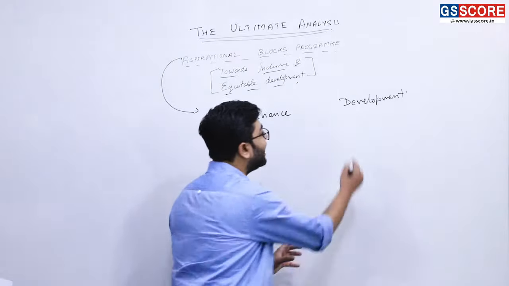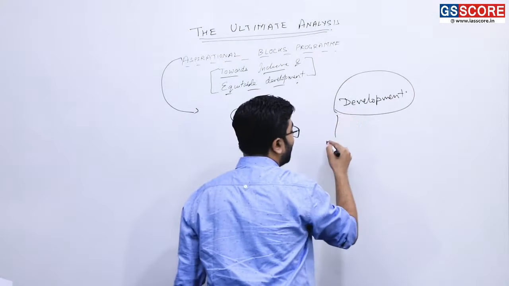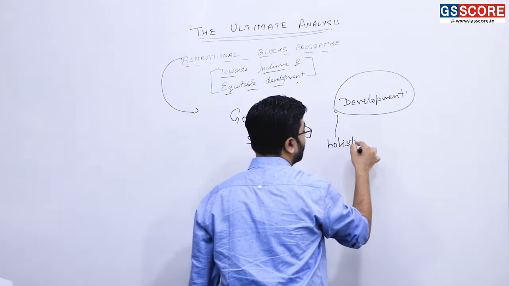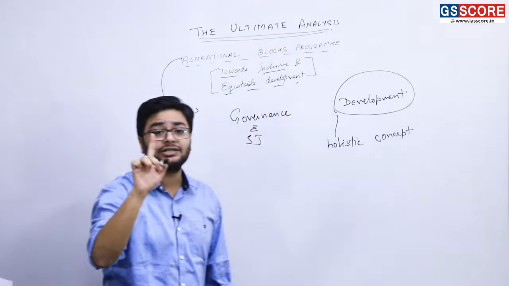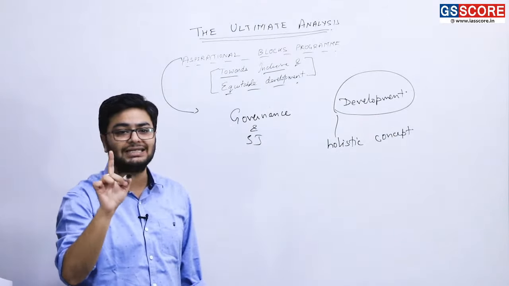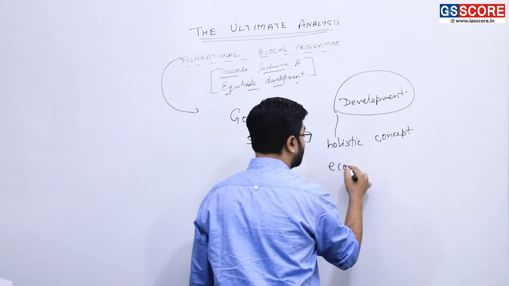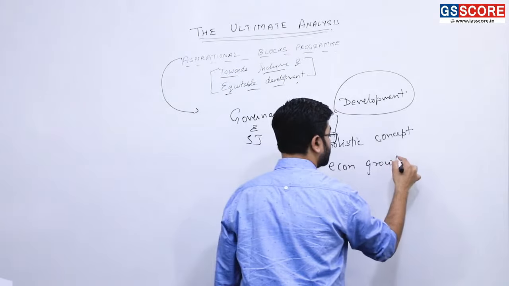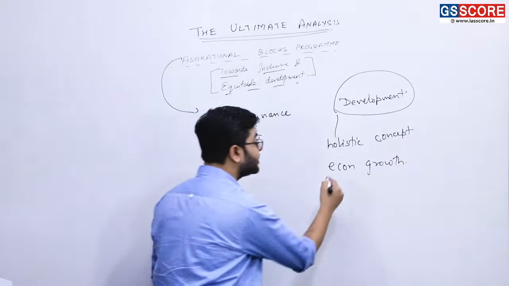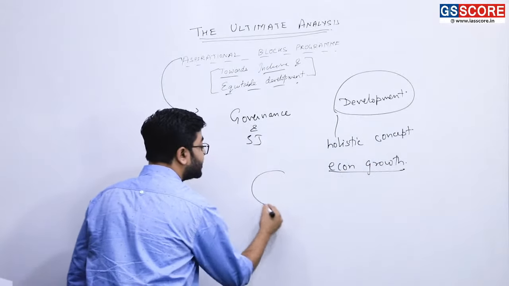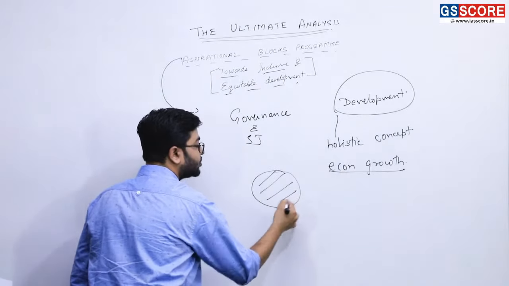So here we will have to look for development as a far more holistic concept and not just from the lens of economic growth, right? We will also have to see how this economic growth is distributed across the society.